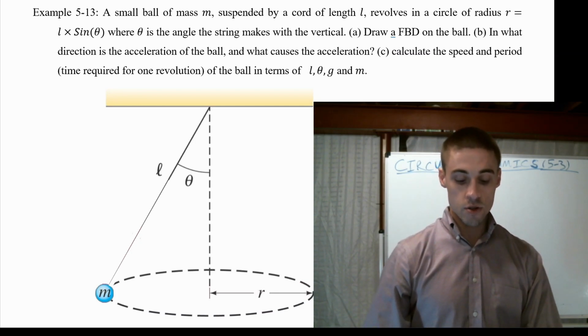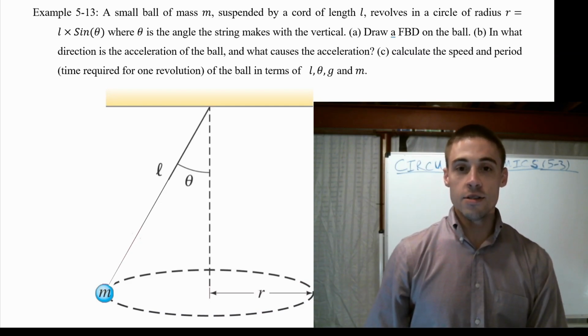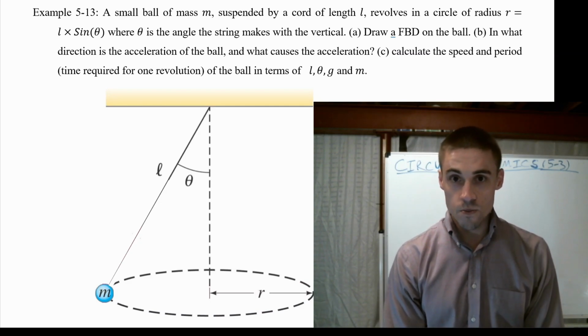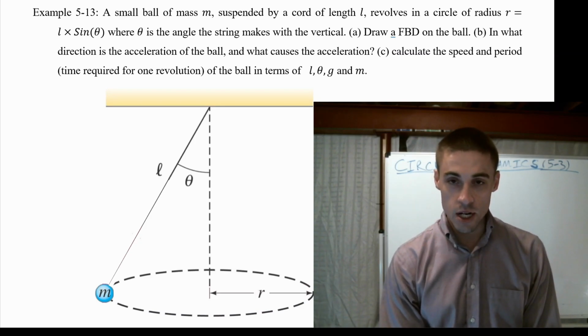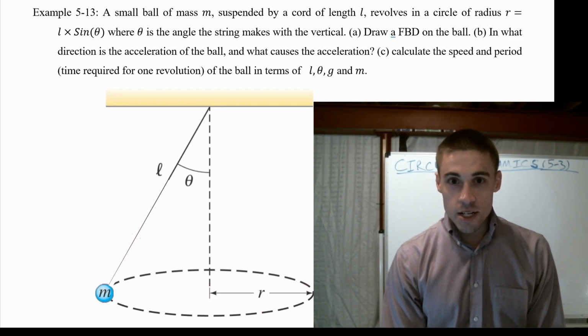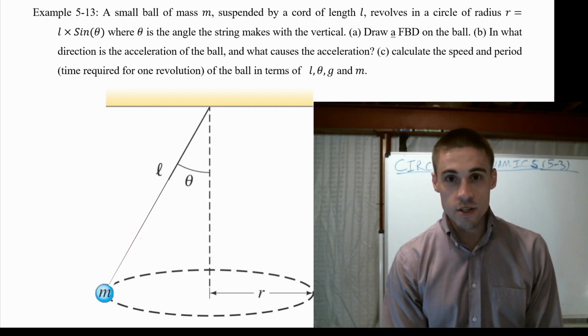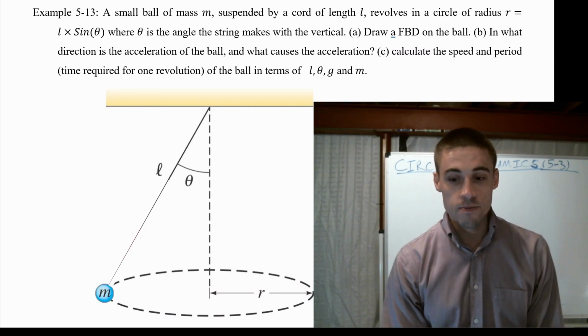Why don't you go through those preliminary steps that I had shown you from before: read the problem, read it again, draw a free body diagram, set up a coordinate system, go through all of those steps and try and solve it yourself, and then you can hit play and I will solve it up here.